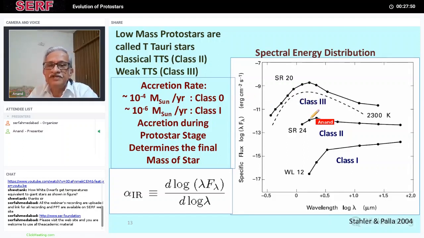Now these are actual observations of some such stars. This is wavelength again, spectral energy. This is spectral flux, lambda f lambda, in some units, ergs per centimeter square per second. This is lambda in micrometer, log lambda. If you look at this object, WL12, this is class 1.